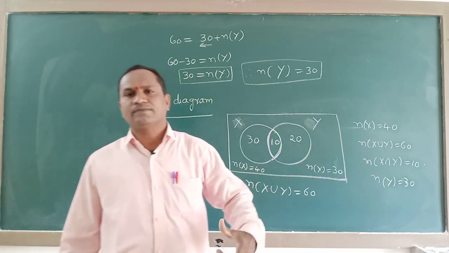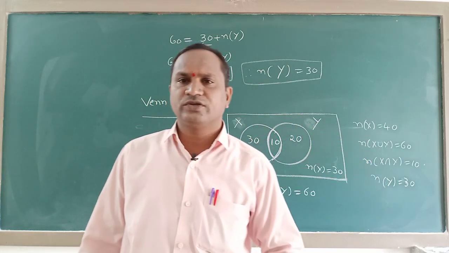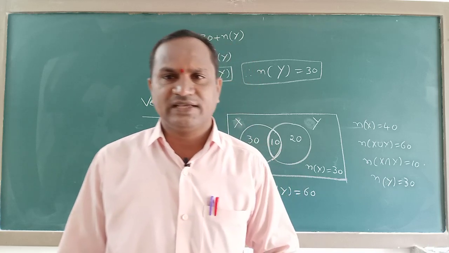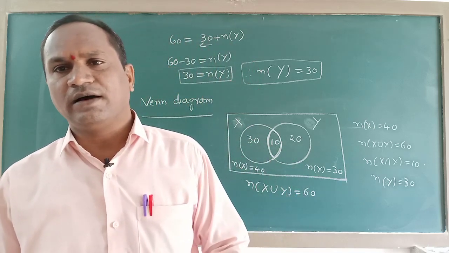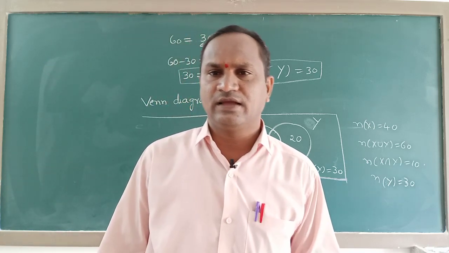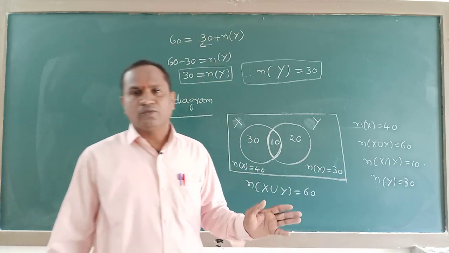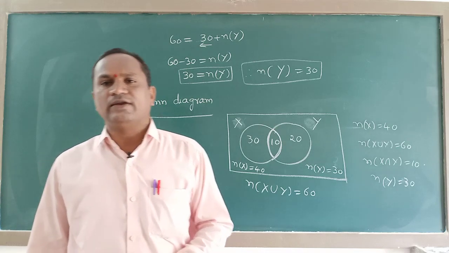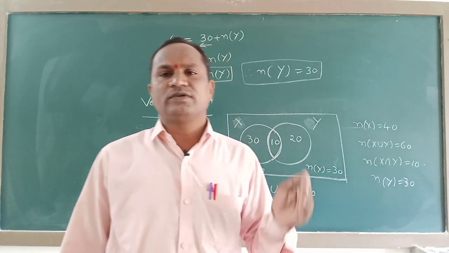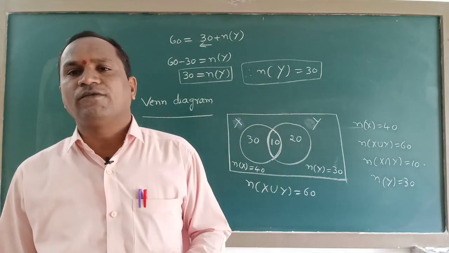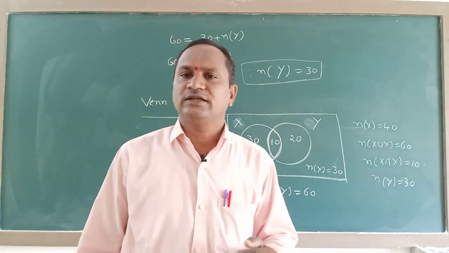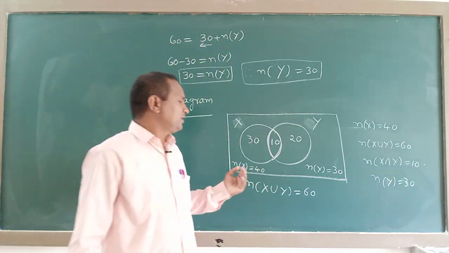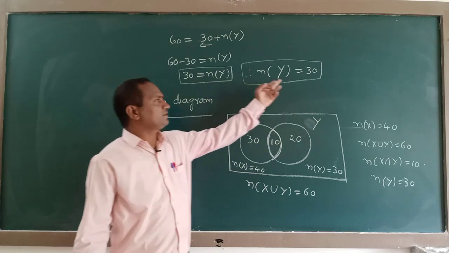Then the formula becomes n of x union y is equal to n of x plus n of y minus n of x intersection y. Based on that formula, we substituted known values and finally found the unknown value. Like that, applying the procedure, finally we got n of y is equal to 30.